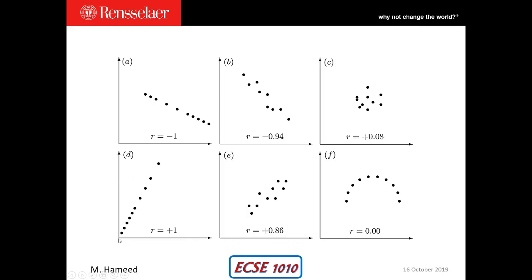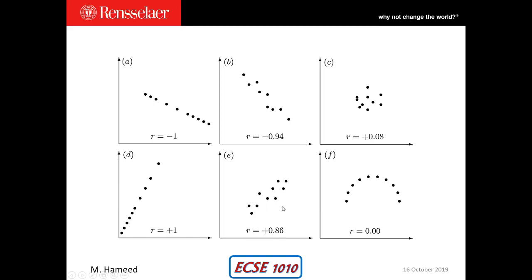D is positive correlation, so r is 1. It is very linear, so as you increase x, y also increases in a very, very linear fashion, so it results in a correlation coefficient of +1. Plot E is positive correlation, however the points are a little bit spread out, so in general they are increasing, but not very linearly.